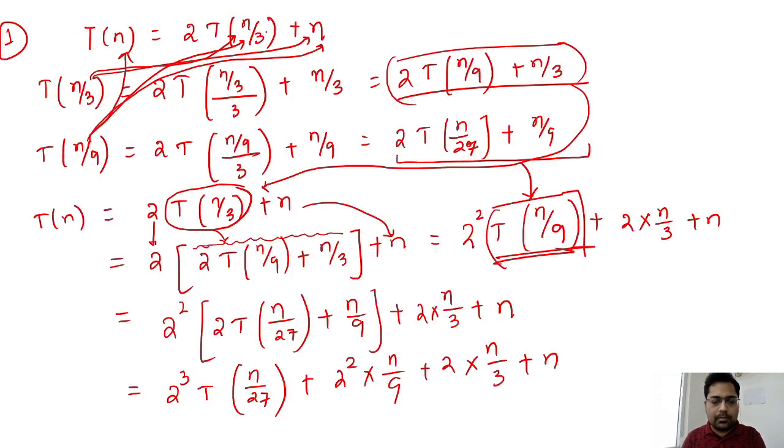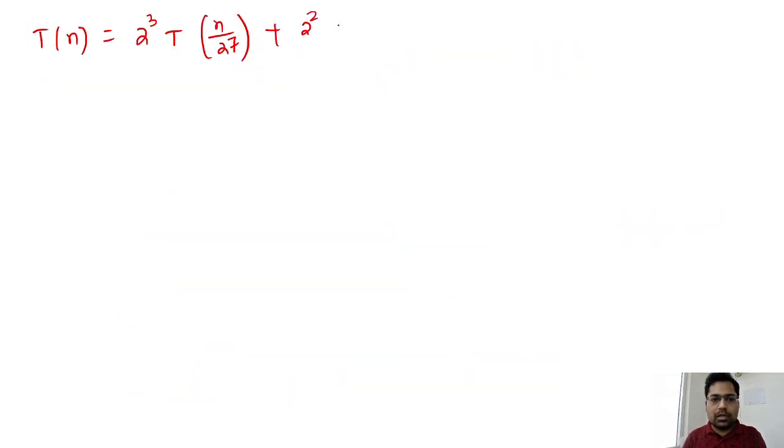You can check now: T(n) will be equivalent to 2 cubed T(n/27) + 2 squared into n/9 + 2 into n/3 + n. This much. Now I'm trying to do it as a cube. Let us go for an approach to find a pattern.